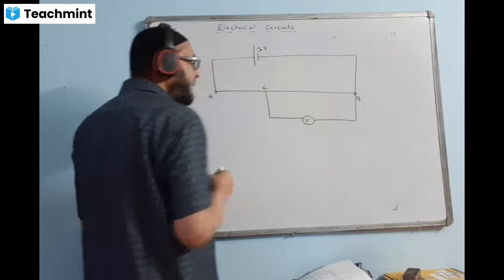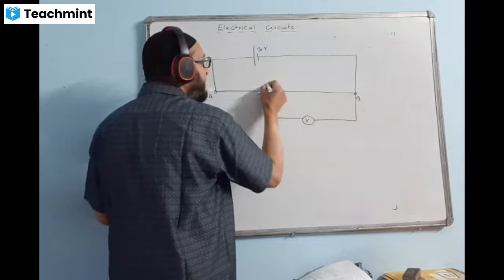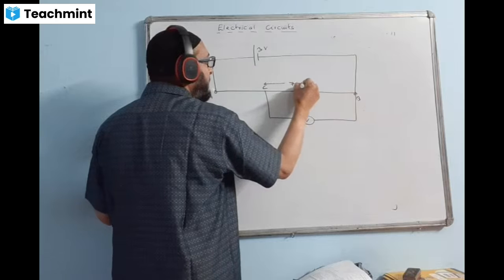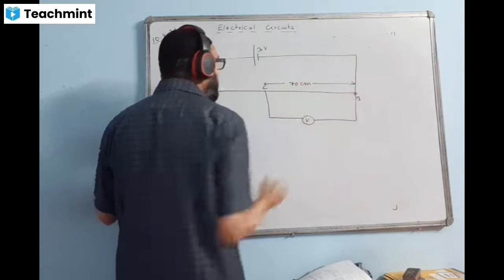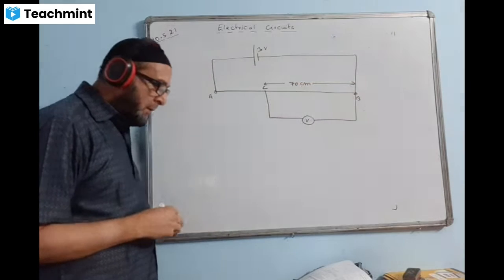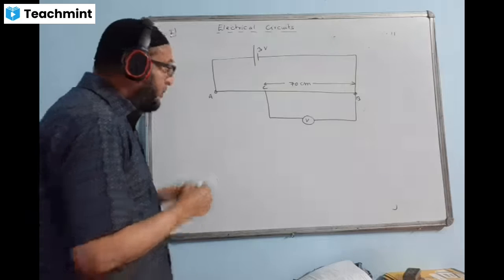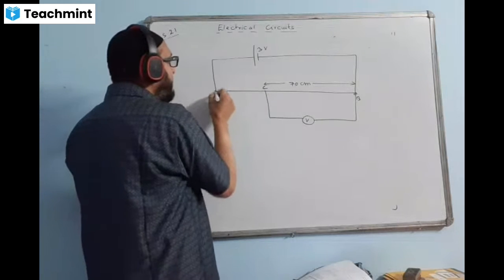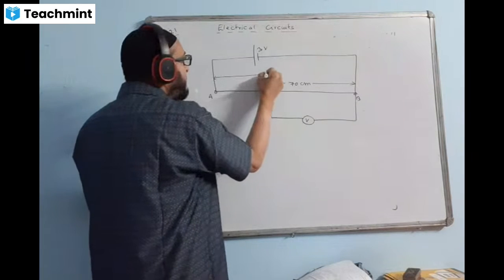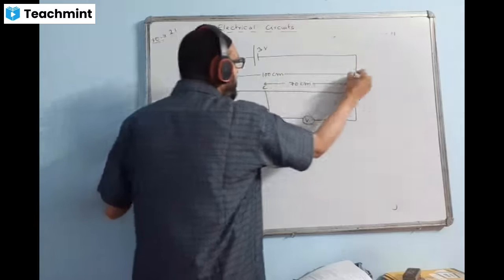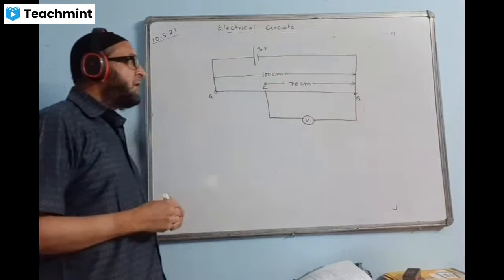And the length BC is given 70 centimeter. And the total length of the wire AB is given 100 centimeter. The potentiometer wire length is given 100. Full length is 100.